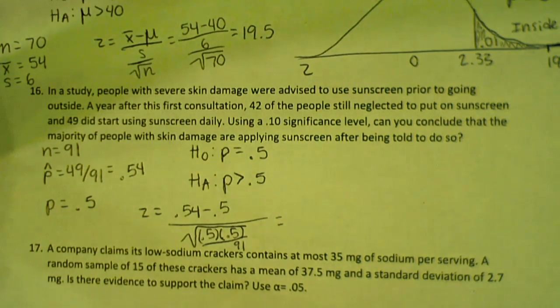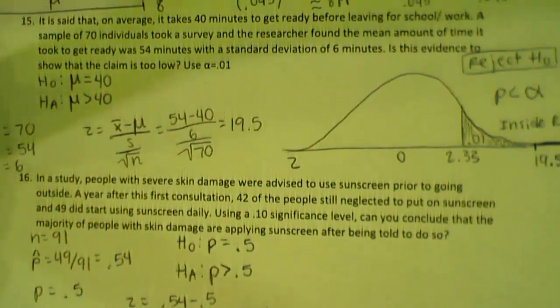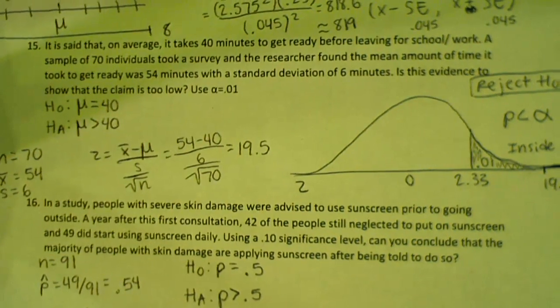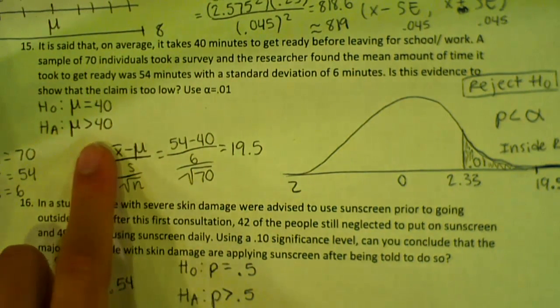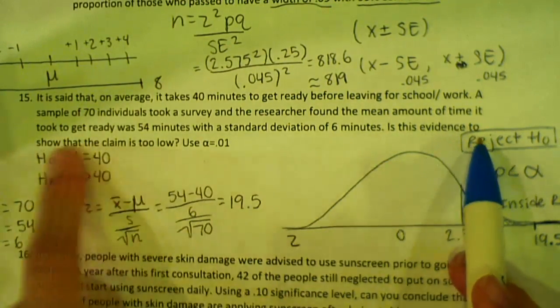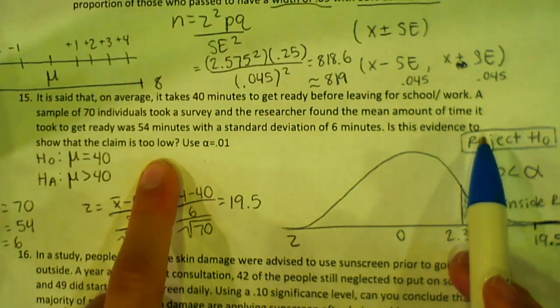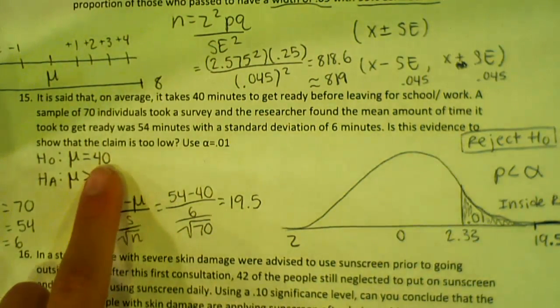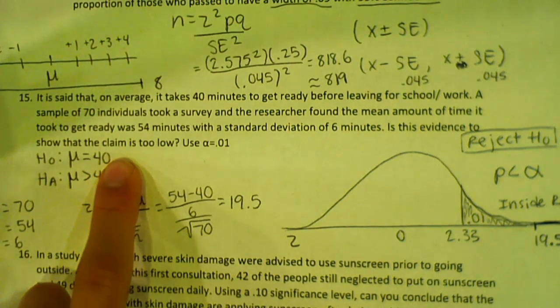Number 15. Right here. So we're looking at, is there evidence to show that the claim is too low? We want to prove that the claim is too low.